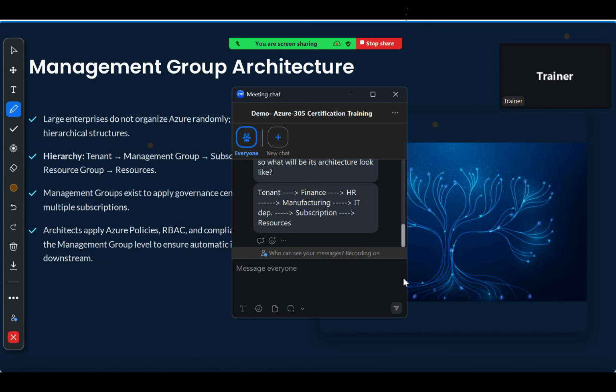So let me simplify this. In Azure or any cloud like AWS, GCP, a resource means any service or component that you create or use in the cloud.